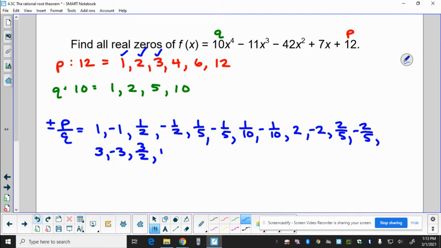Probably easier just to erase this. Okay, so this will be negative 3 over 2. 3/5. No, we have not listed that. And then 3/10. No, I've not listed that. We got to put that down.